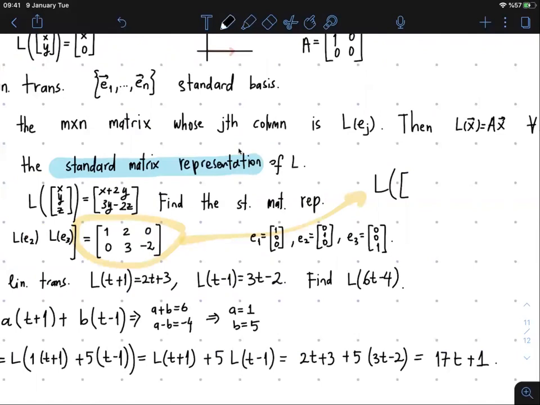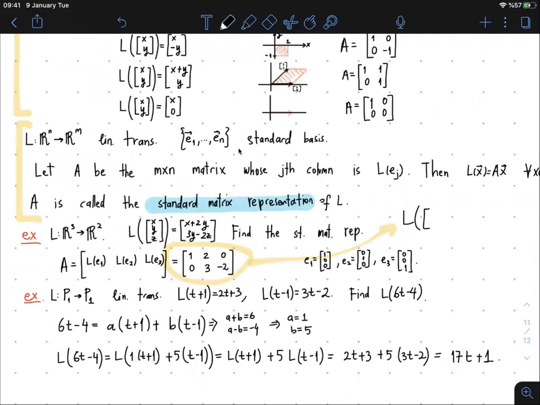So we won't need the standard matrix representation, but it's important that you know the idea. It's important that linear transformations have matrix representations. That's the important thing that I would like you to know about the standard matrix representation.